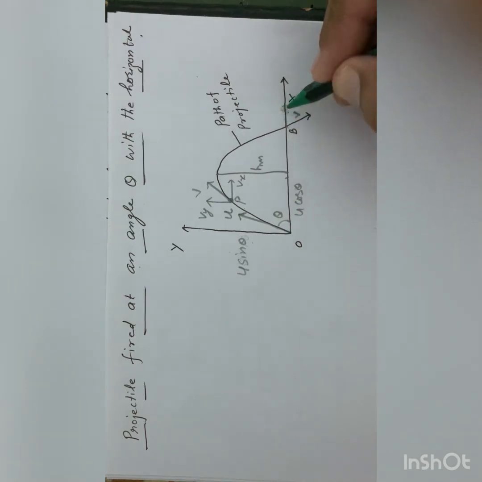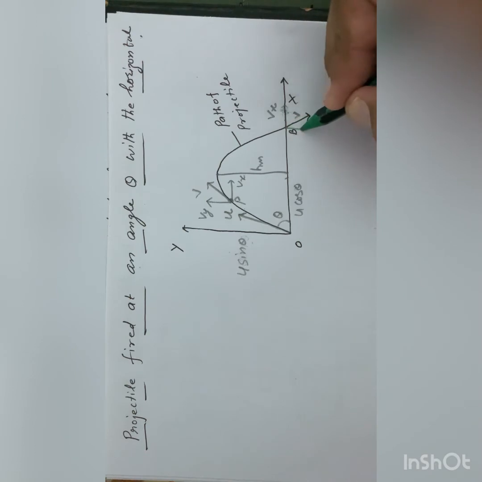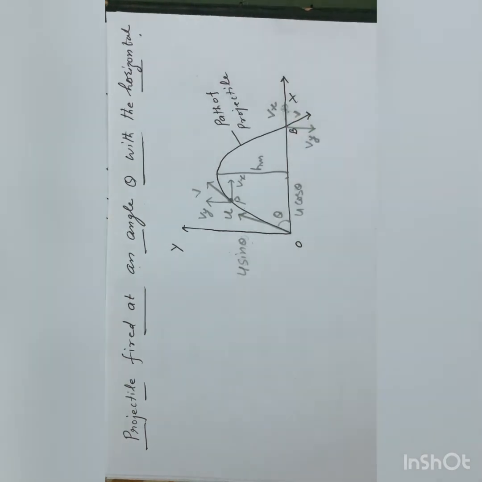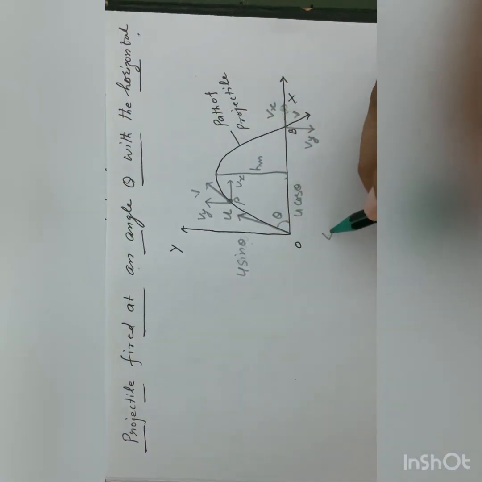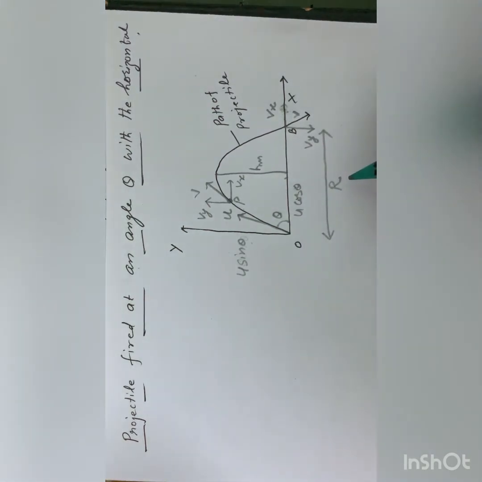It has a component along x-axis, that is Vx, and a component along this direction, Vy. And from O to B, this is the horizontal range of the projectile.